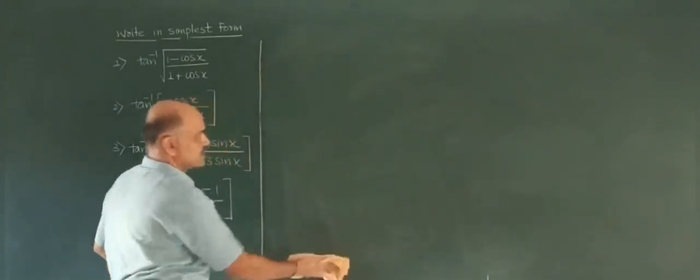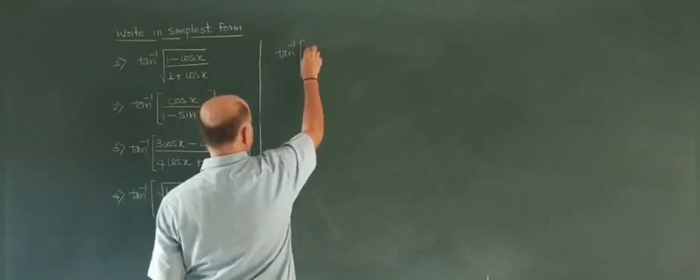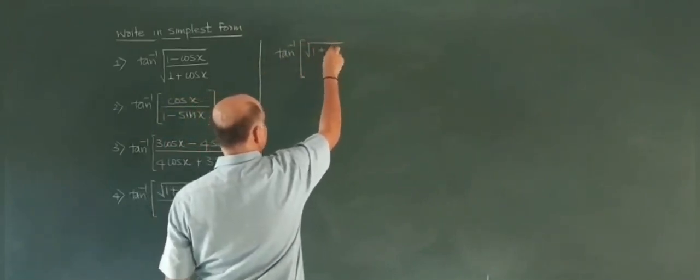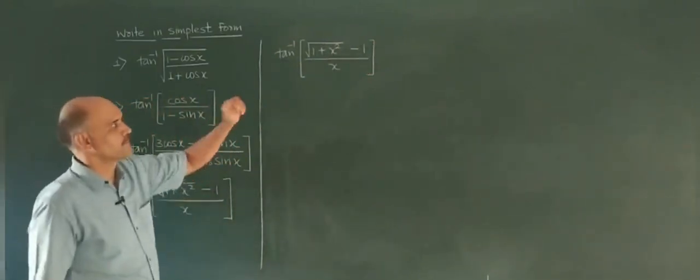Okay students, the fourth one is important. Again, this problem you will have in differentiation, that is calculus. Tan inverse of (root of 1 plus x square minus 1) whole divided by x. Now you are required to simplify this.